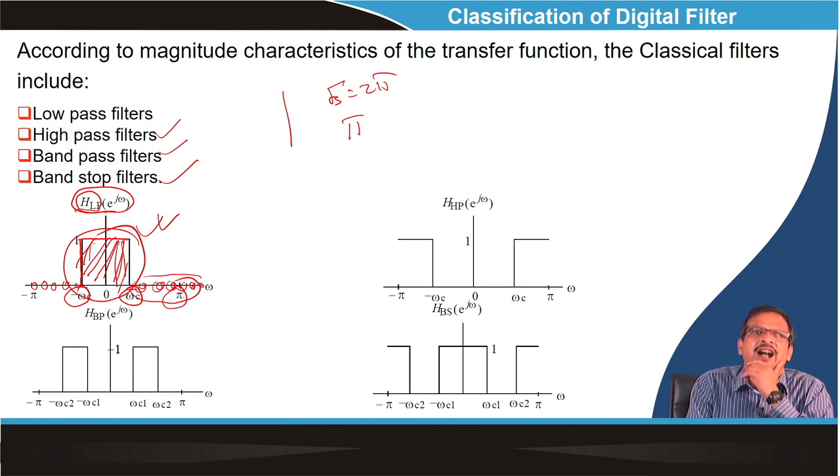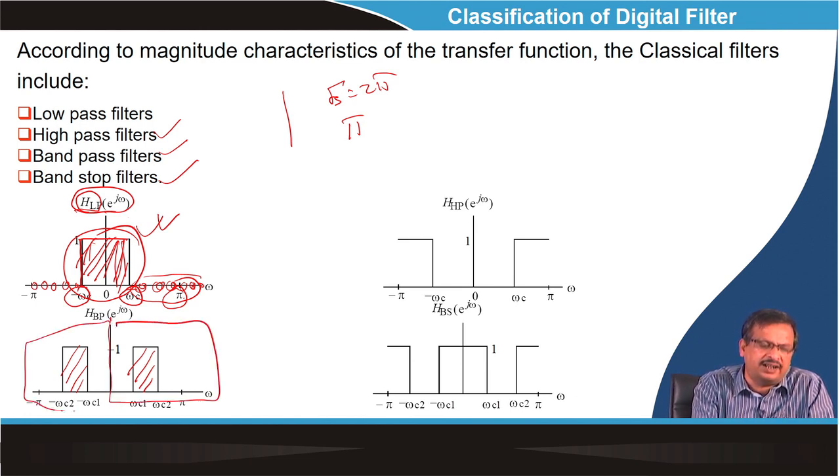Similarly, there is the band pass filter. In a band pass filter, a particular band of frequency passes. You know that in the frequency transform there is a negative axis and a positive axis. In a real application I may only look at this side, but in theory there will be both sides, minus ωc and plus ωc.